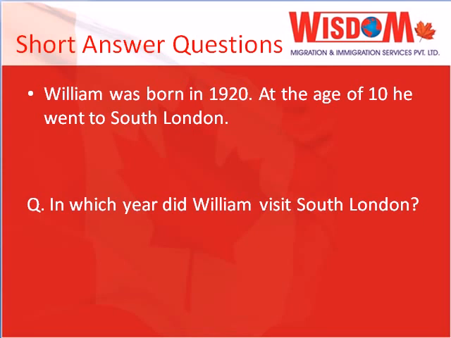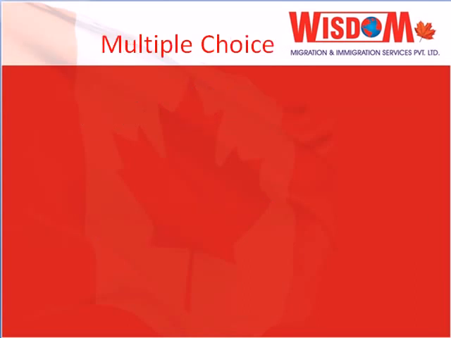When he was 10 years old, he went to South London. So your answer would be 1920 plus 10. That would be 1930. So this is an indirect kind of answer. Remember that in short answer questions, you have to copy the words correctly, especially the numbers, and you need to check the spellings, because wrong spellings will not fetch you any marks.